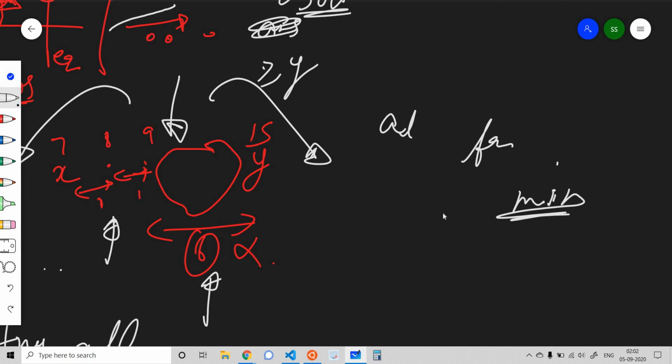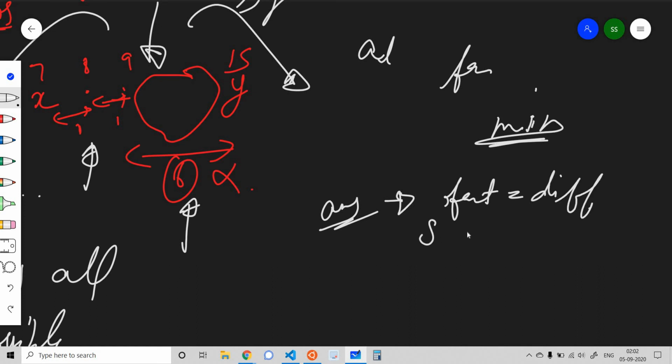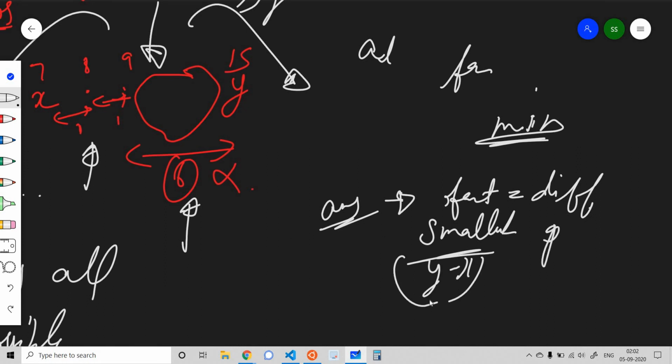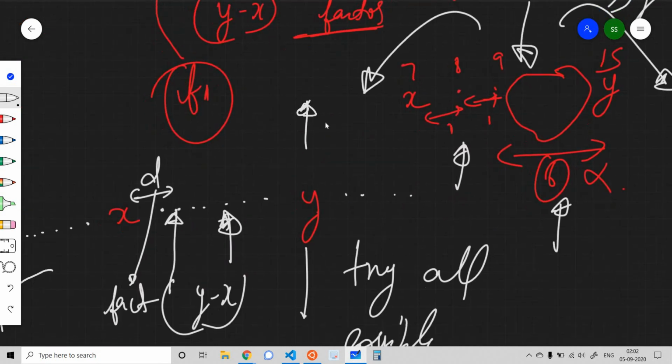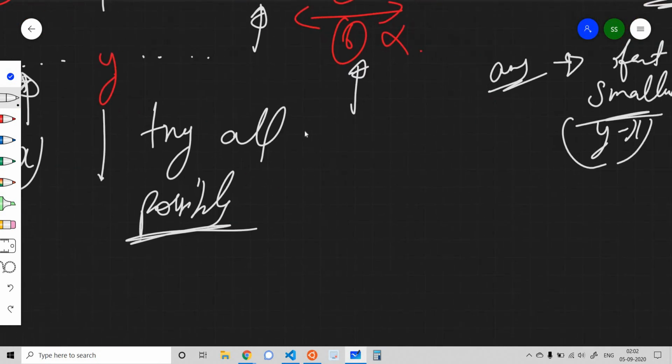If you notice, the answer would be the list which is having the smallest factor of y minus x as the difference, in which we are able to fill in the in-between gap of x and y. So yes, you can think about it.